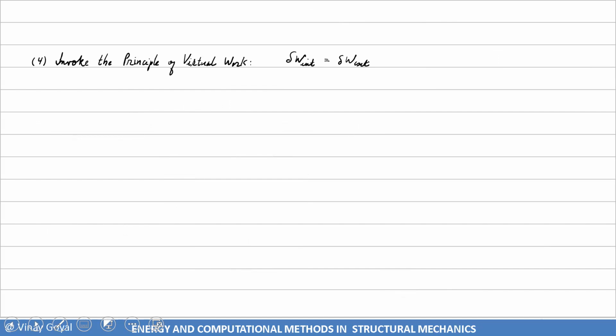And internal virtual work is a triple integral over the volume, sigma ij, del epsilon ij dv. And let me just write the other terms: triple integral, body forces del ui dv, plus the double integral over the lateral surface. Let me call it SL, the lateral surface.